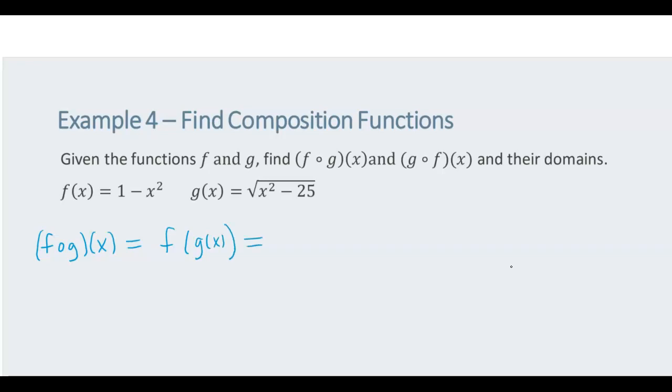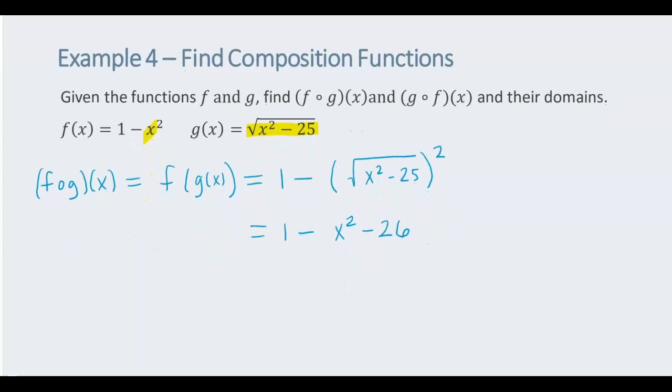I'm going to take the whole function g, and it gets plugged in wherever there's a variable in the first function. So I have 1 minus, and then I'm going to take the square root of x squared minus 25, and that will be squared. In this example, the square and the square root are going to cancel each other. So I have 1 minus x squared minus 25.